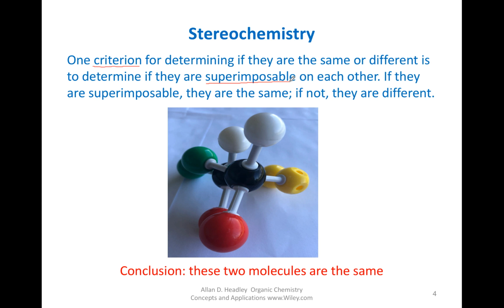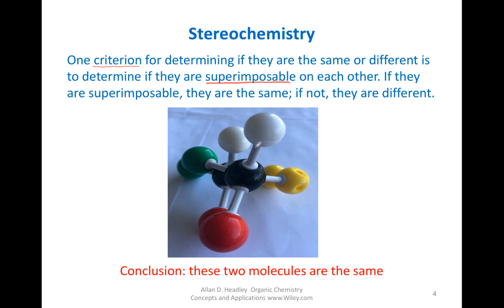And in that case, they are superimposable. If all the atoms do not overlap, then they are not considered superimposable. So that's the criterion, or one of the criteria, that we'll use to determine if 2 molecules or 2 isomers are the same or different.